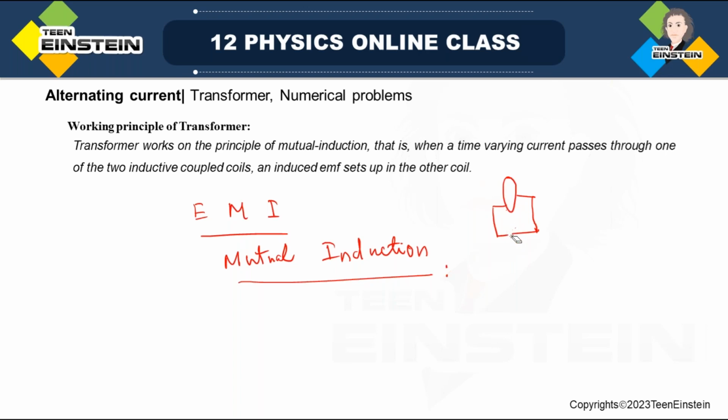Let us say this battery is some alternating source, so that the current in this is changing by direction and magnitude. Okay, so when current changes in one coil, whenever there is a current passing through the coil, there will be a magnetic field around the coil. You know that there will be a magnetic field, and the field lines will be passing through the coil, right?